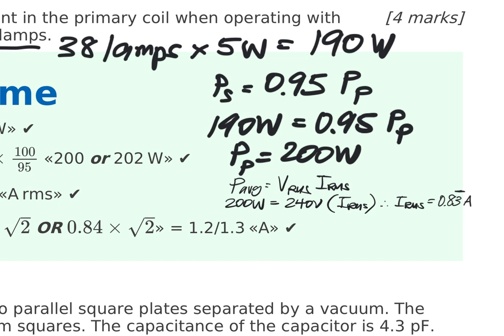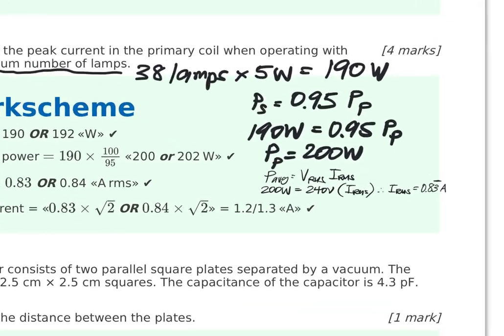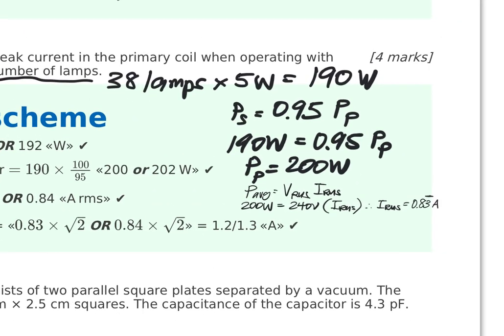Now notice that the answer is not 0.83, the answer is 1.2, because the question did ask for the peak current, not the RMS current. So let's recall that RMS current is peak current over radical 2. So we can do radical 2 times the RMS current to get the peak current of 1.2 amps is what we're looking for.